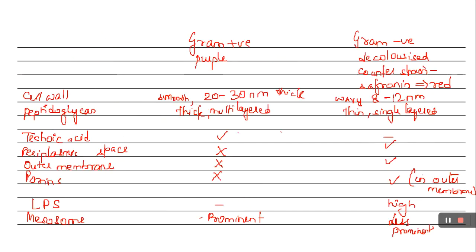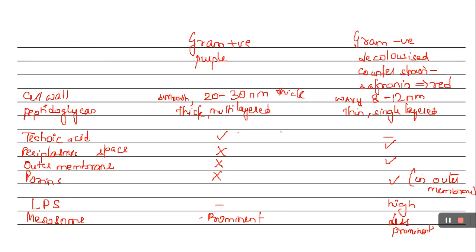Okay, so coming to plasma membrane, another important topic. So now we discussed cell wall. Now let's start with plasma membrane. Inner to the cell wall is plasma membrane. So there was one term named teichoic acid.